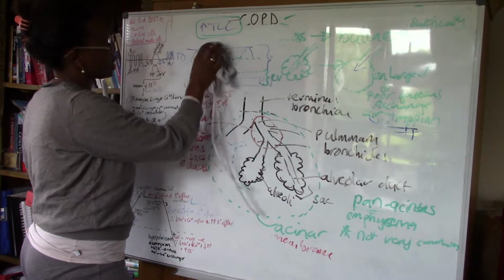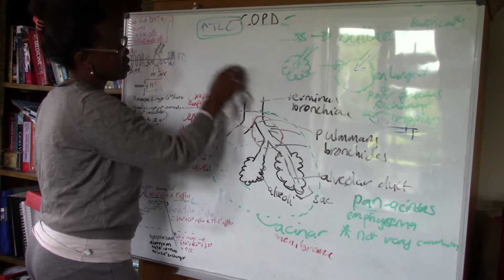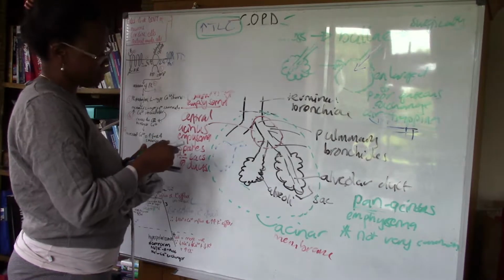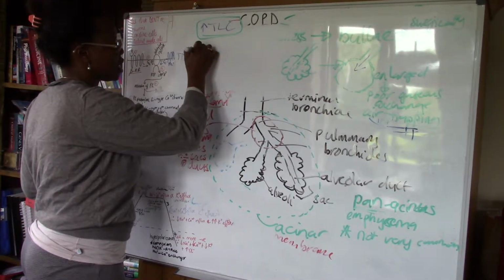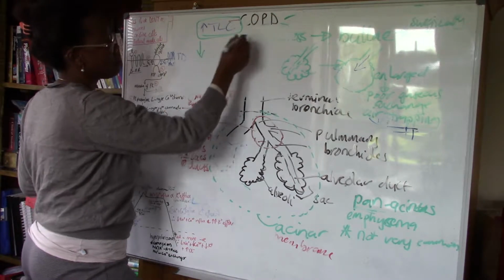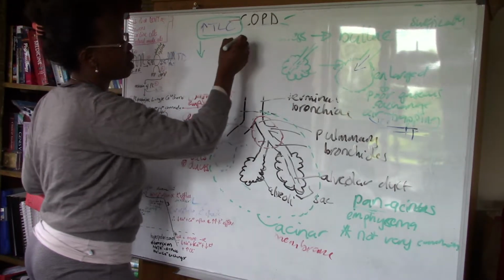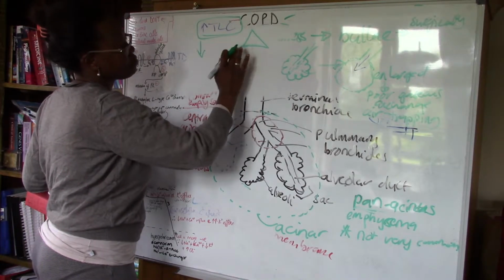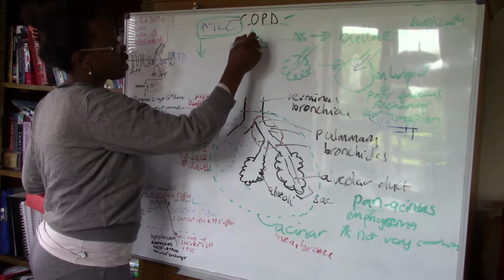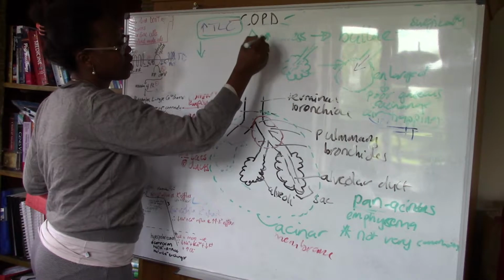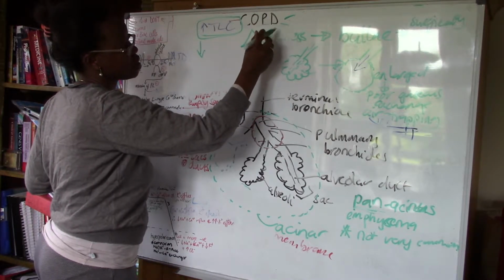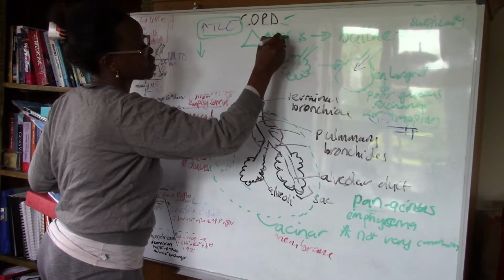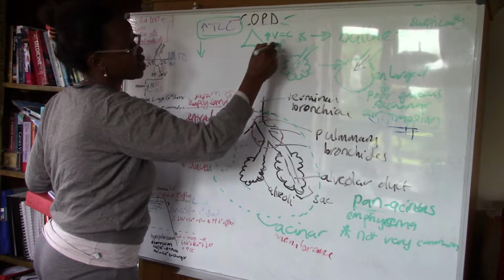So an increase in total lung capacity due to the enlargement of the alveolus means that the pressure has been reduced. If we remember from basic physiology of the respiratory system, when the diaphragm is flattened, there is increased volume, like increased capacity, and there is low pressure.